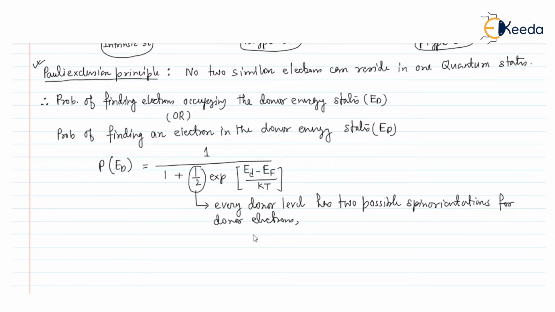That means each donor level has two quantum states.